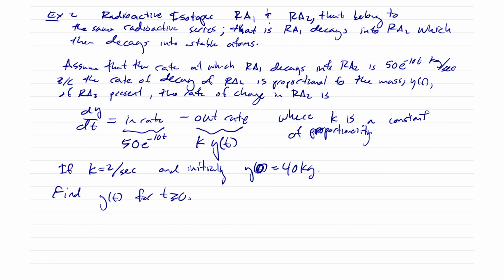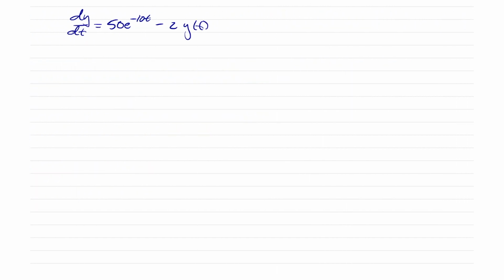If you want to double check that all these constants work out, k was per second, and so we have kilograms per second, and going into a derivative that matches that side. And the in rate actually comes with kilograms per second as well. So all of our units match up, so at this point I can just ignore them from here on.